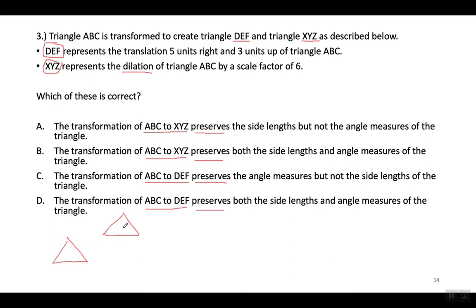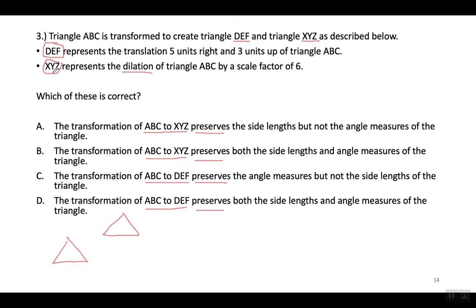Since it looks exactly the same, that means all the angle measures are going to stay the same, and all the side lengths are going to stay the same. That means they're going to be preserved. When you preserve something, it stays the same. So when you transform triangle ABC to triangle DEF by doing a translation, the angle measures and the side lengths stay the same. They're preserved. You are preserving the angle measures and the side lengths.